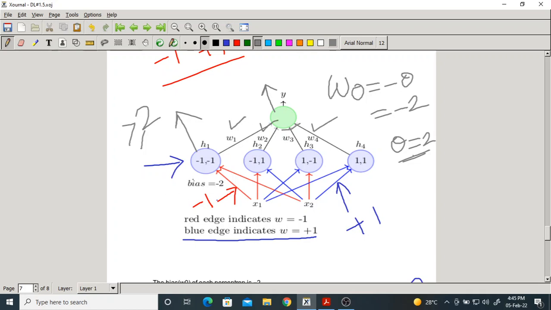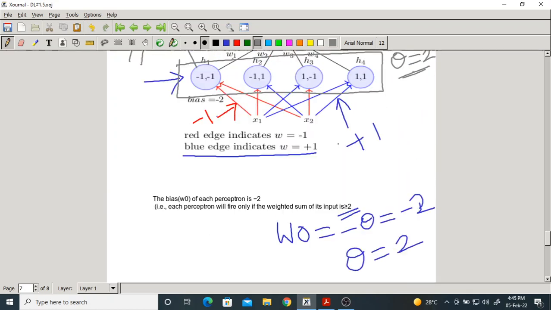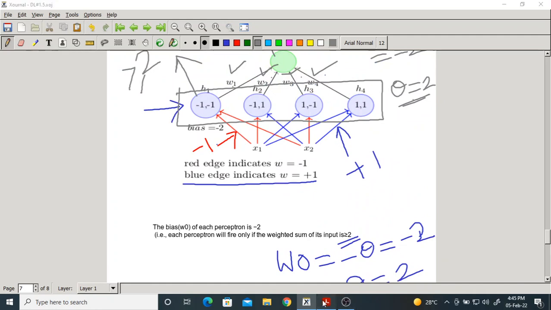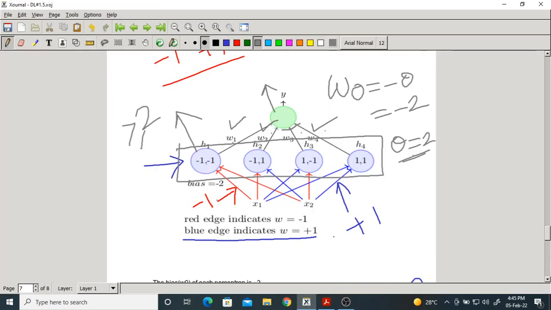All these 4 perceptrons are connected to the output perceptron with the weights W1, W2, W3, W4. The output of this green perceptron Y is the output of this network, the entire network. That is the final output.